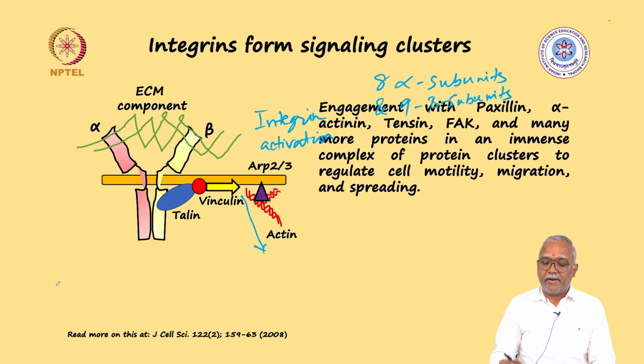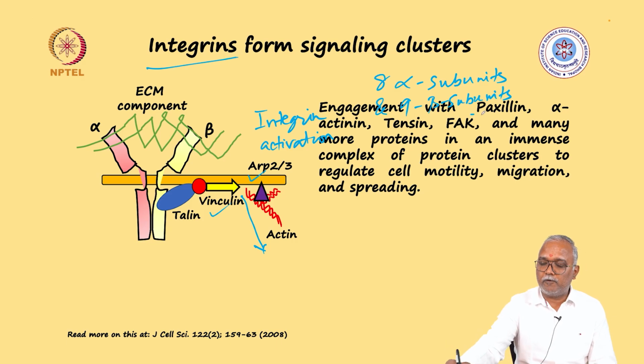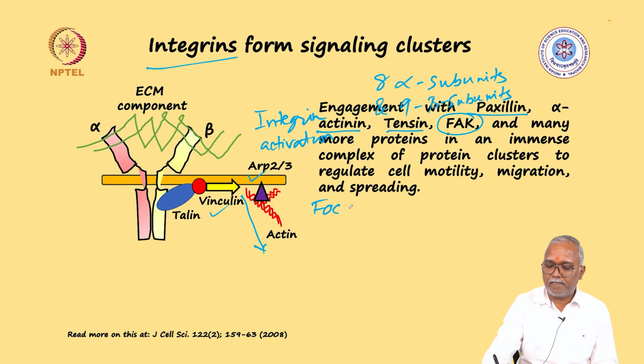So beyond this actin and simple assembly of vinculin and ARP2/3, the alpha beta receptors of the integrin family further bind to molecules like paxillin, alpha actinin, tensin, and FAK. This is called focal adhesion kinase.